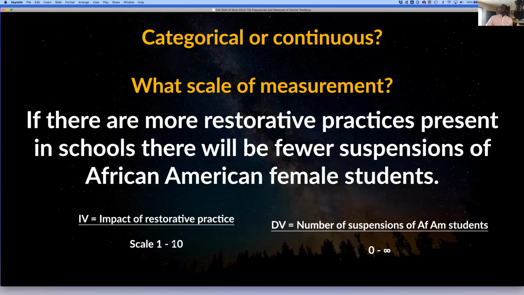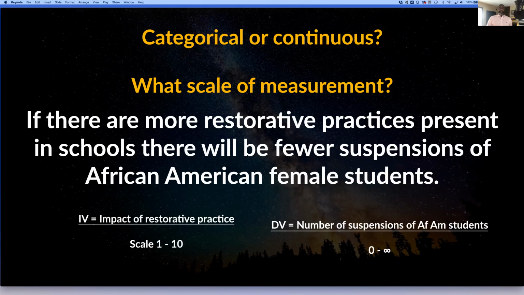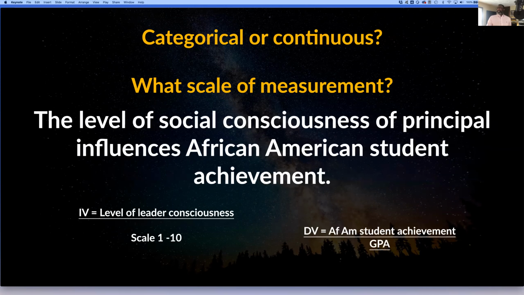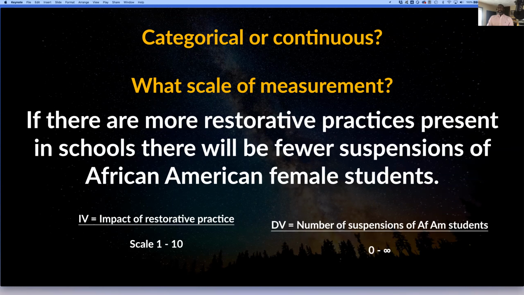Is the independent variable categorical or continuous? Continuous. And what's the scale of measurement? Who said interval? Oh, right. It's the same as before. We're using the same scale, so it's interval.